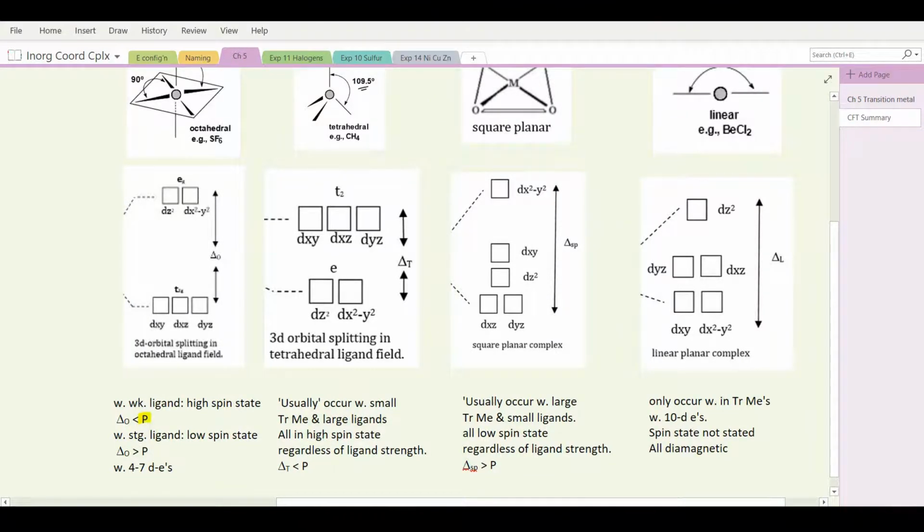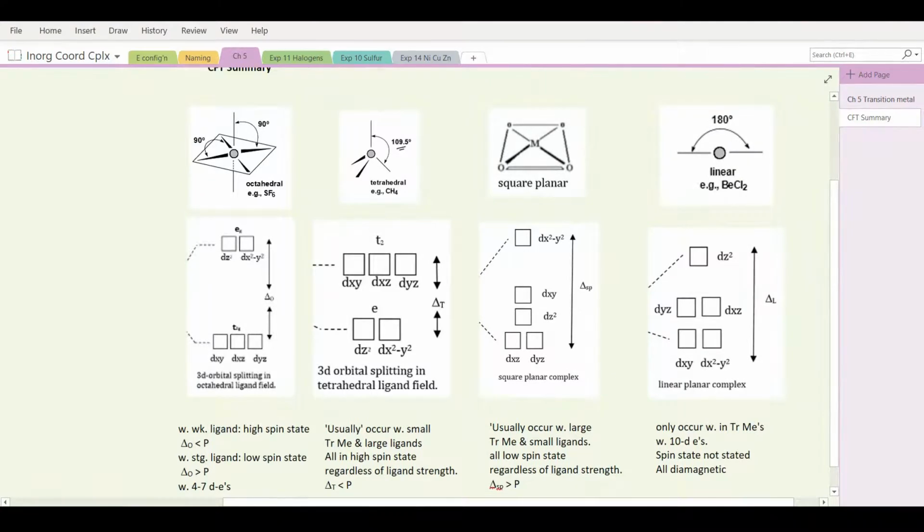In other words, a small split, and therefore all 5 d orbitals would be singly filled before any pairing occurs. However, with strong ligands, a low spin state results. That's because the octahedral field splitting energy in such cases would be greater than the pairing energy. And these occur only when there are between 4 and 7 d electrons in the transition metal.